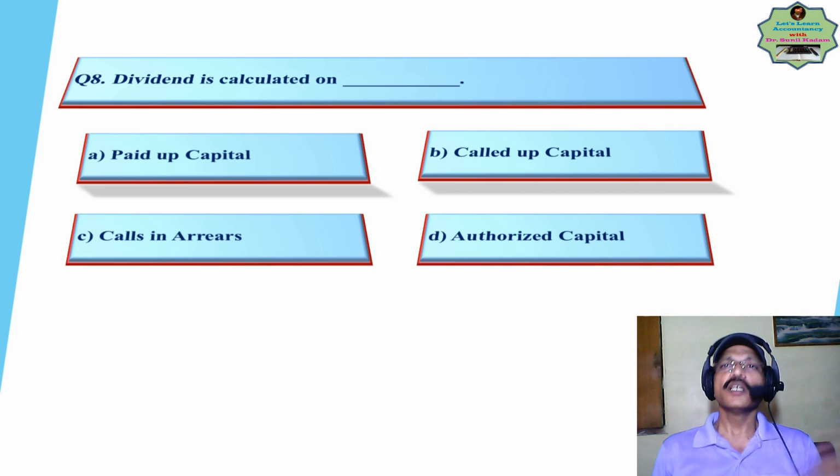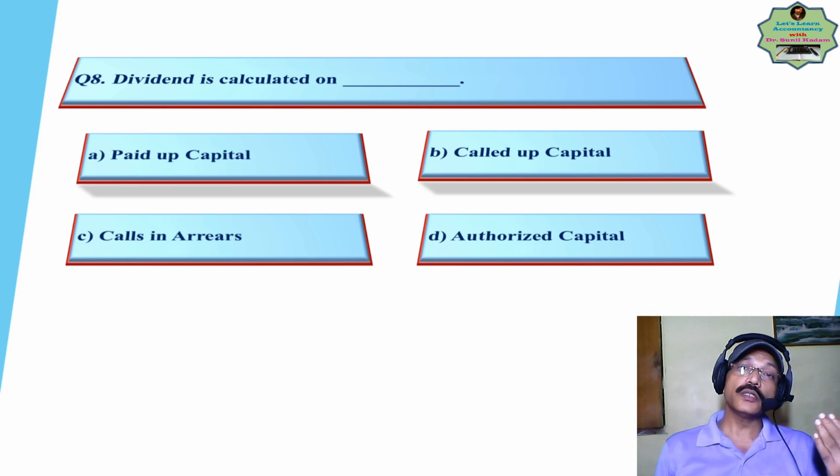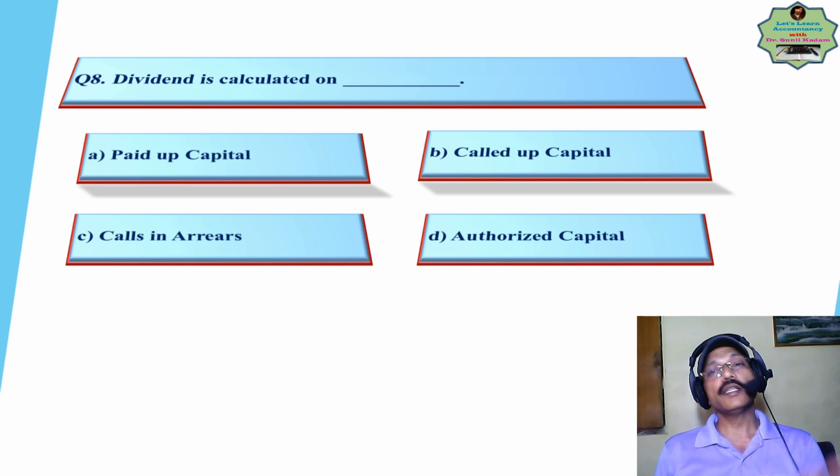Calls in arrears is the amount which is not paid by that shareholder, so on that there is no question of paying dividend. And authorized capital is the capital which the company got authority to issue, but it need not be that the entire authorized capital is issued, called up and then paid up. So the correct option for this MCQ is paid up capital.